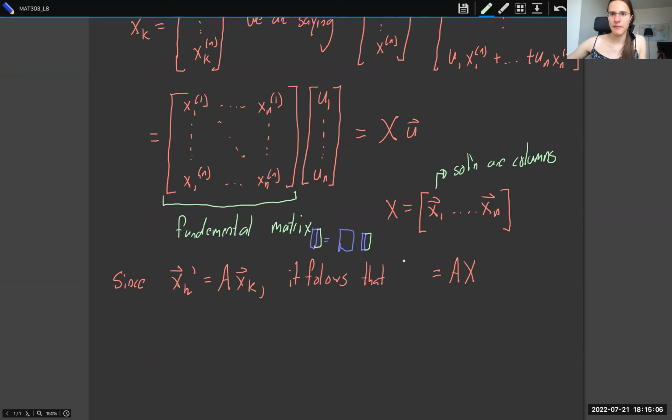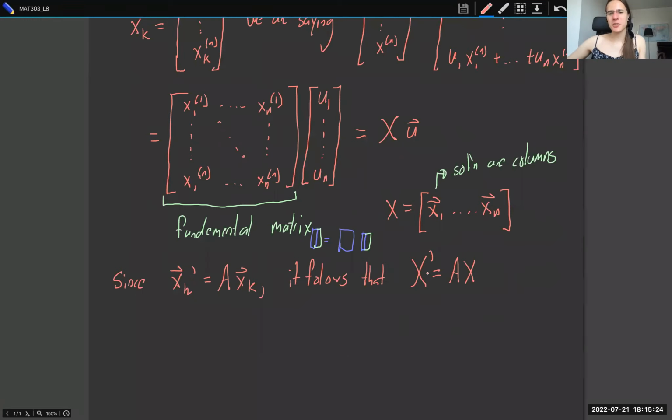So what do you get on the left-hand side? If you put all the x's together, you get X. If you put all of the x primes together, what do you get? Oh, just X prime. Yes.